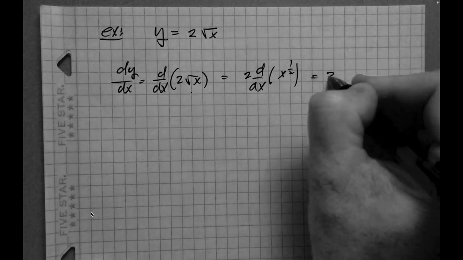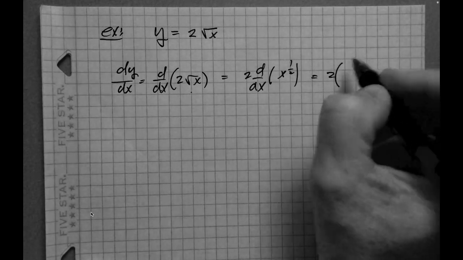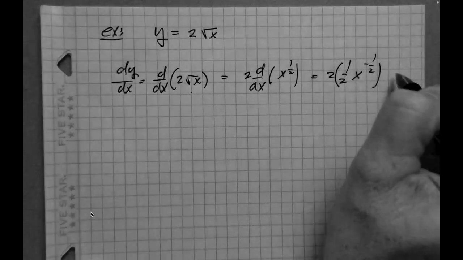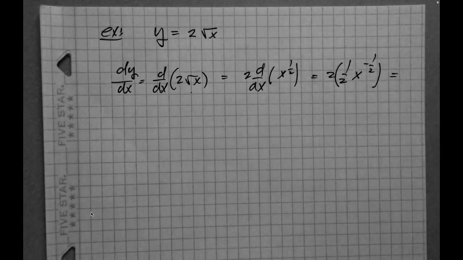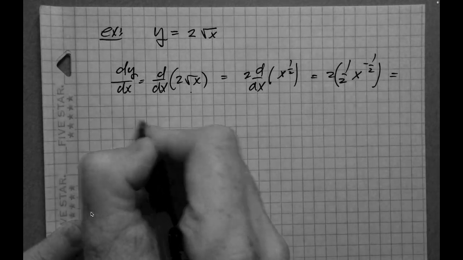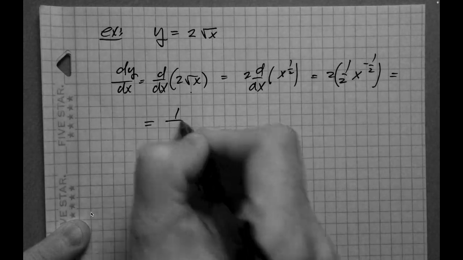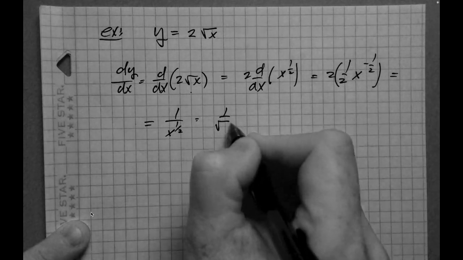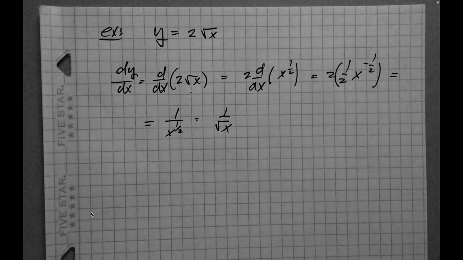Right? And so that derivative would be 1/2 x to the negative 1/2, wouldn't it? Yep, and the 2 and the 1/2 would cancel out, and so I would be left with just 1 over x to the 1/2, which is 1 over the square root of x. All right. Very good.